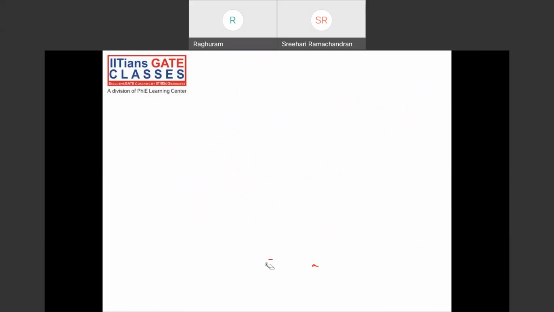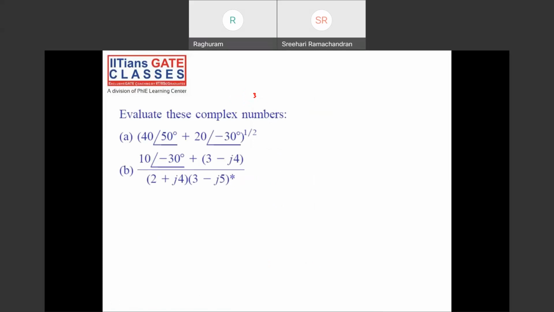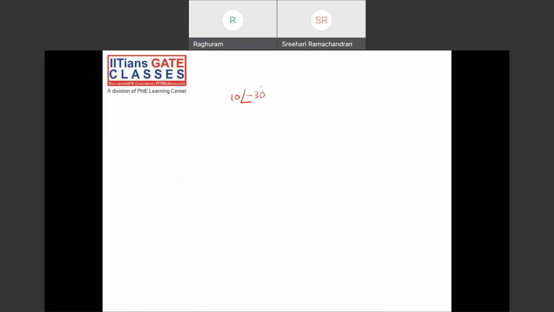If I want to add two complex numbers, say 10 at an angle minus 30 degrees, or rather I'll take this form, R1 at an angle theta 1 and R2 at an angle theta 2. If I want to add them, what should I do?